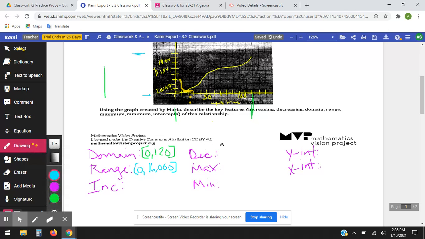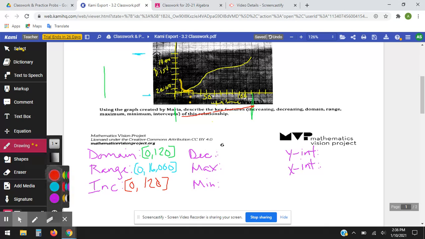Increasing. Our increasing sections, well, if we look, it's going up, up, up, up, up, pretty much the whole way, right? So our increasing intervals are 0 to 120, all the minutes, the whole time, it's increasing.